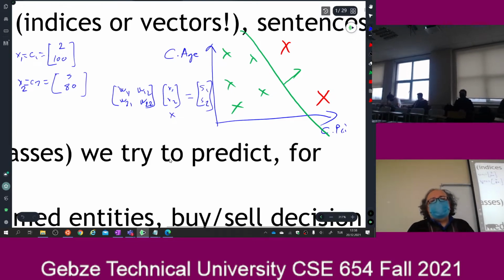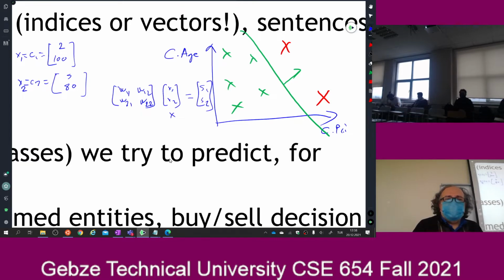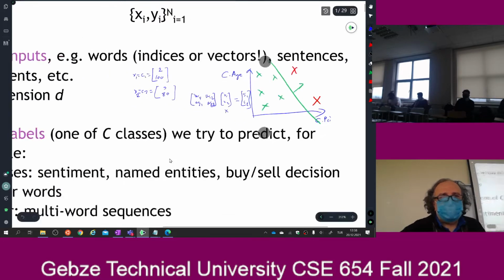I am saying that find such four numbers, such four weights, so that they would produce appropriate scores when I give them these numbers. This score would be appropriate for a decision. That's what we are trying to do.